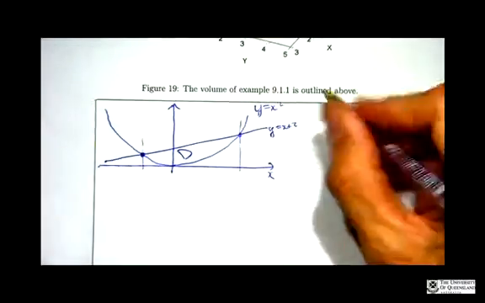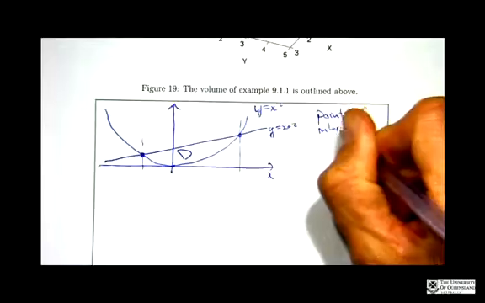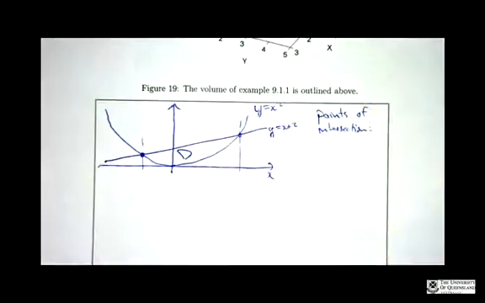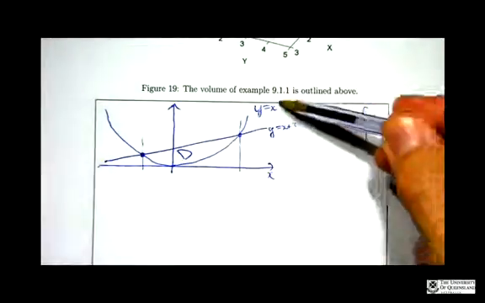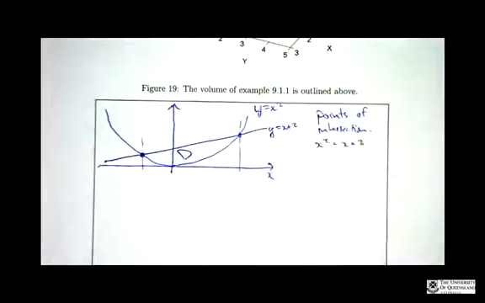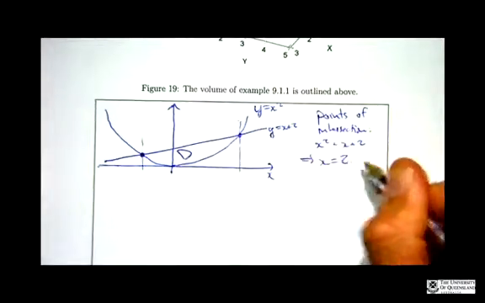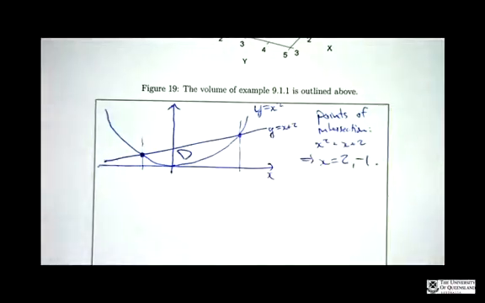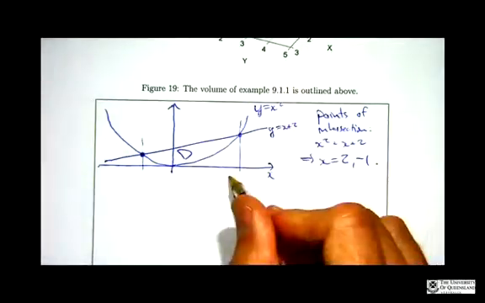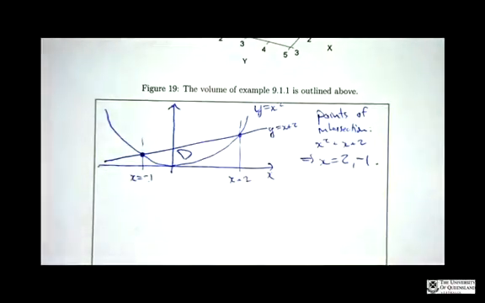In this case, it's important to work out the points of intersection of those boundary curves. If I just set the equations for the two curves equal, x squared equal to x plus 2, we end up with a quadratic in x that we can solve, and the two values of x that satisfy that equation are just 2 and negative 1. So here's x equals 2, and here's x equals negative 1. Those are the two x bounds.